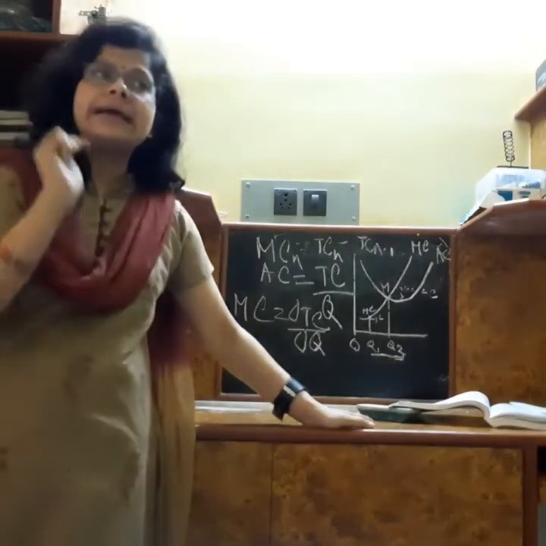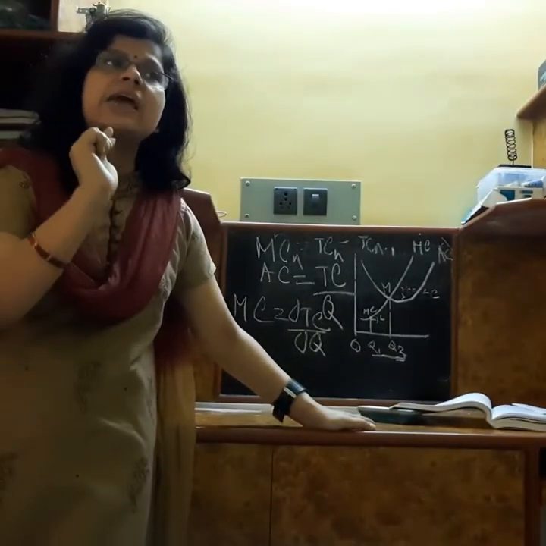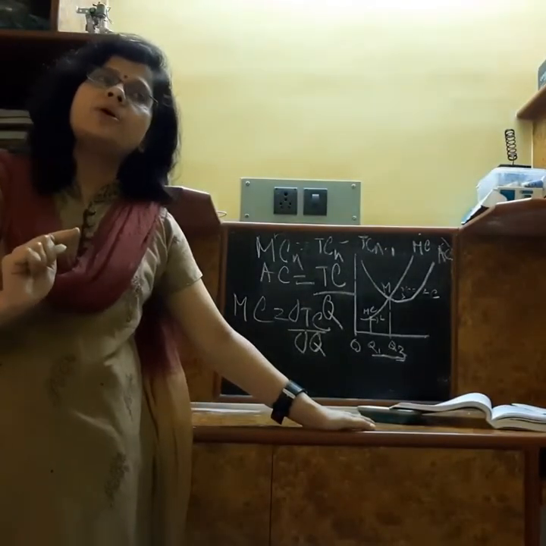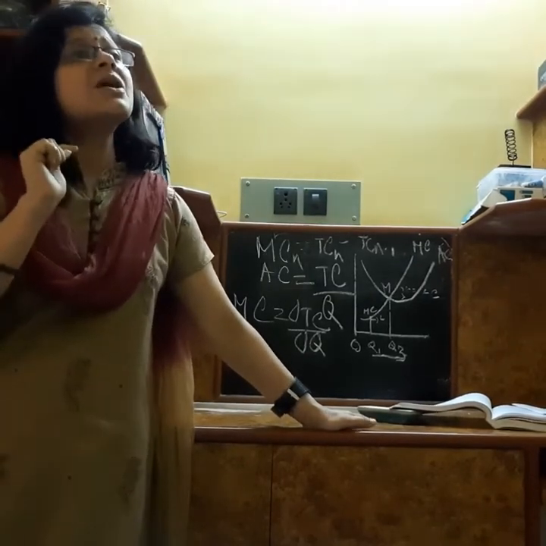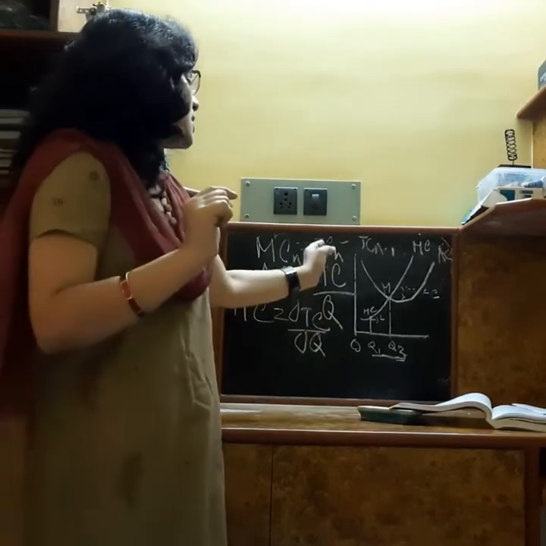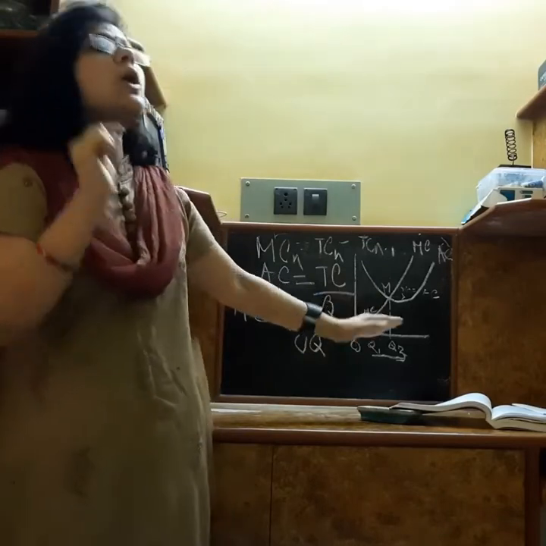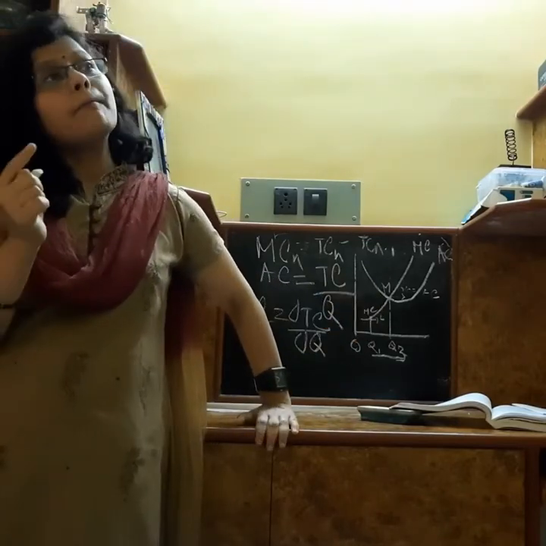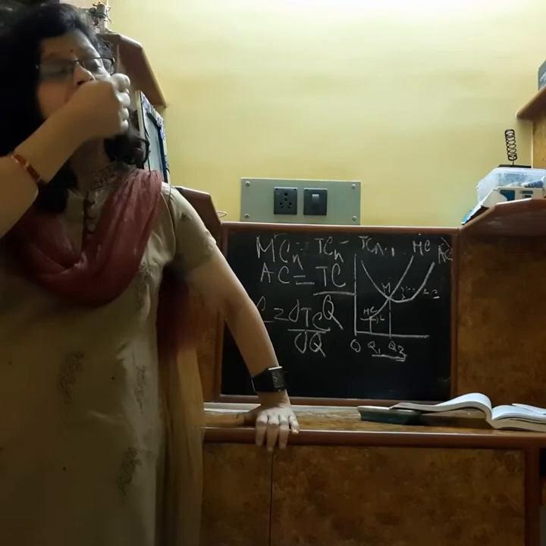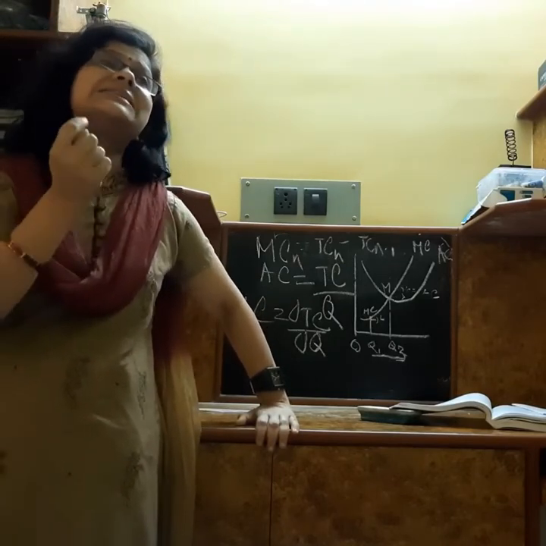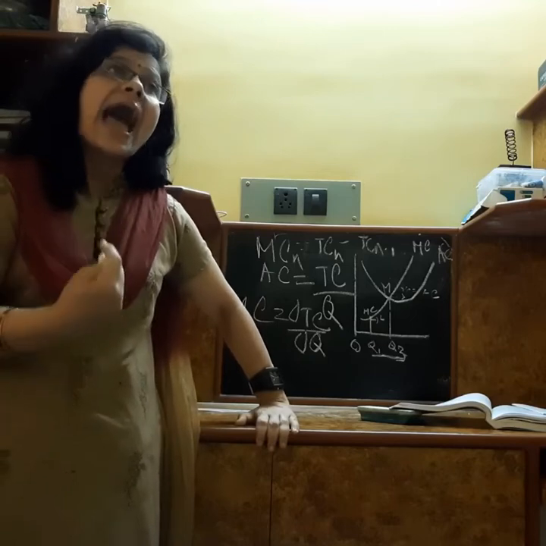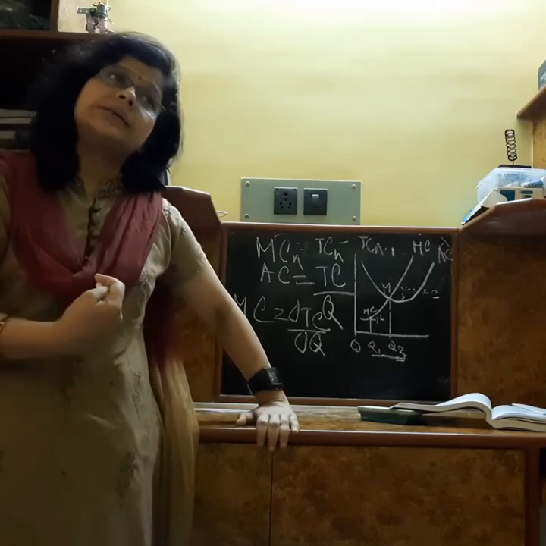Then MC first reaches its minimum point and starts rising. When MC is rising, we have seen from OQ1 to OQ2, AC is falling. But in this zone also, the value of MC is lesser than AC and MC lies below AC.